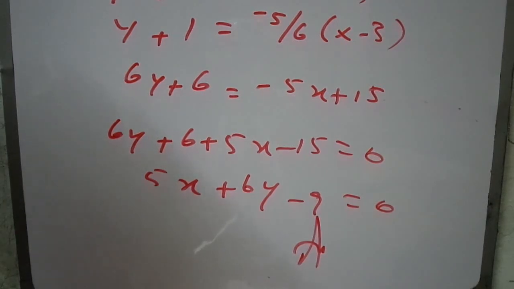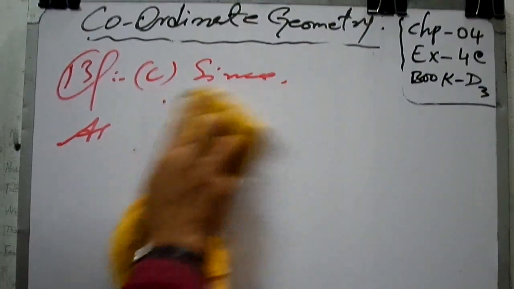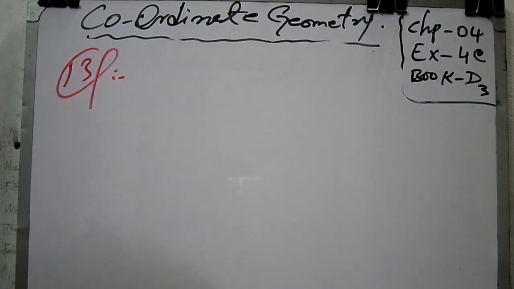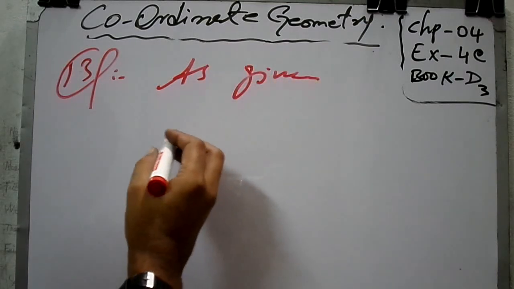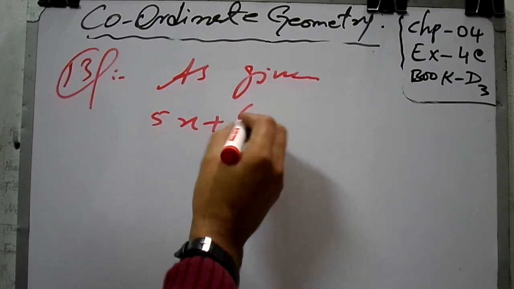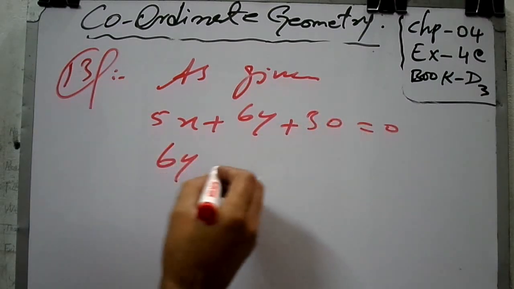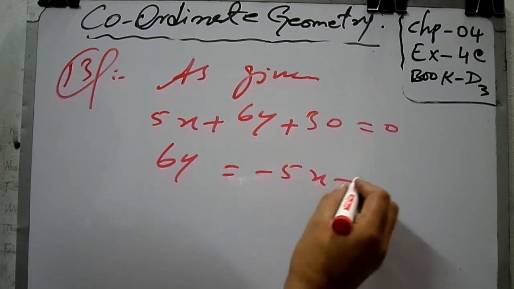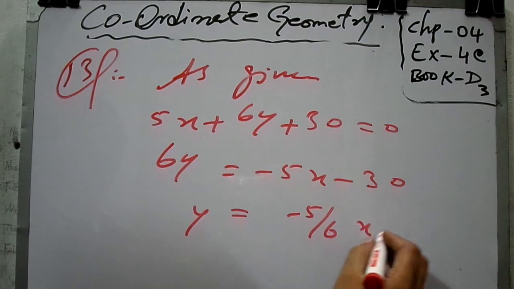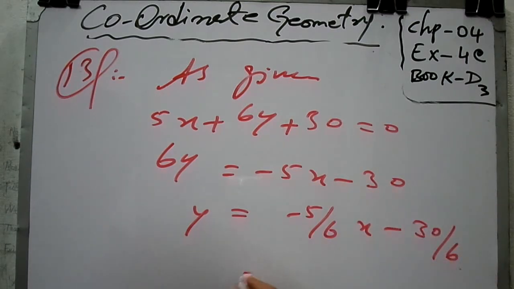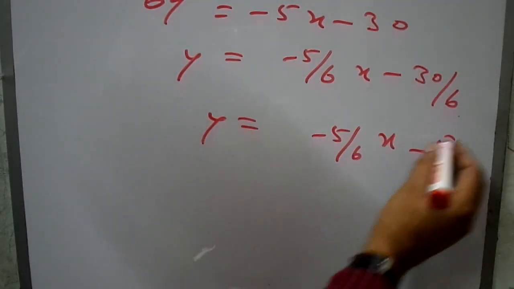But one equation is given to us, that is, if we see in the part C of this question, as given that 5x plus 6y plus 30 is equal to 0. So 6y is equal to minus 5x minus 30. So the value of y is minus 5 by 6 x minus 30 by 6. So you will get the value of y, minus 5 by 6 x minus 5.